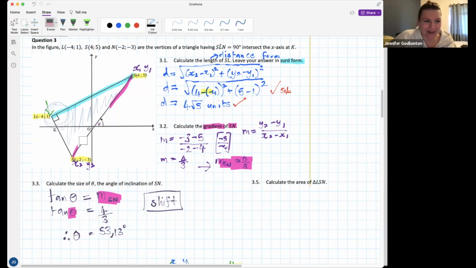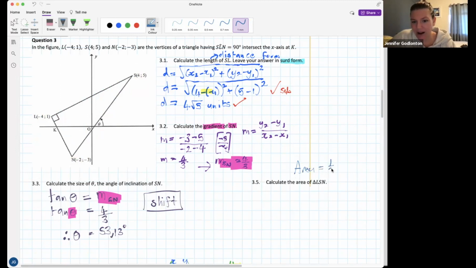Glorious. Okay, let me get rid of all this writing so that we can see properly what we're doing. Okay, absolutely. So when we're working out the area of a triangle, we want to say the area of a triangle is equal to half of our base times our perpendicular height.